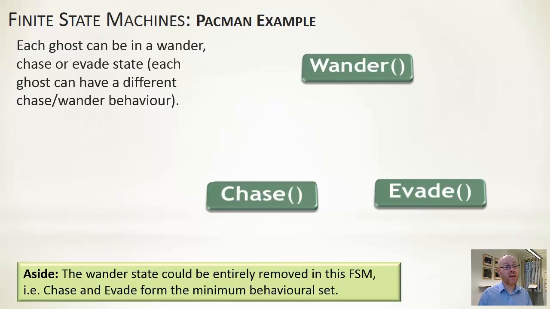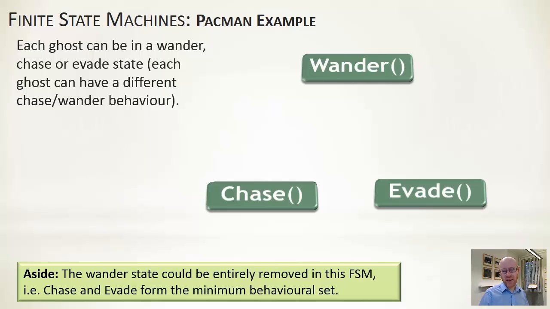Or it could also be in the evade state, where the player has picked up the power pill and the ghosts are trying to run away from the player. And that represents the types of things that we want our AI agent to do. Strictly speaking here, you could remove the wander state if you wanted to and just go for chase and evade, but keep wandering, it makes it more interesting.